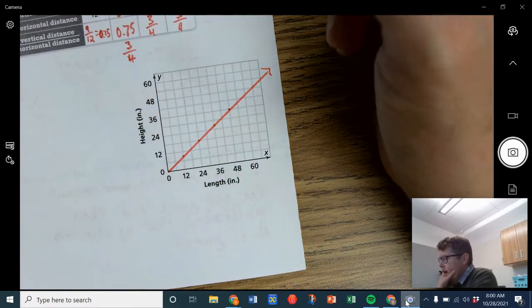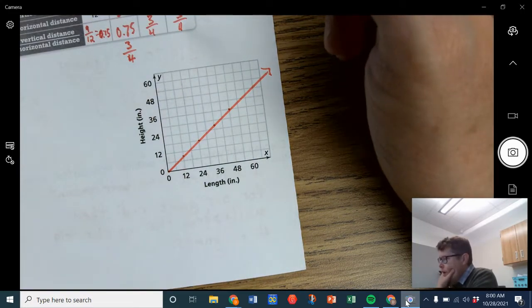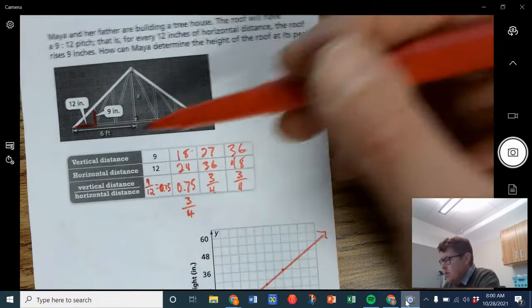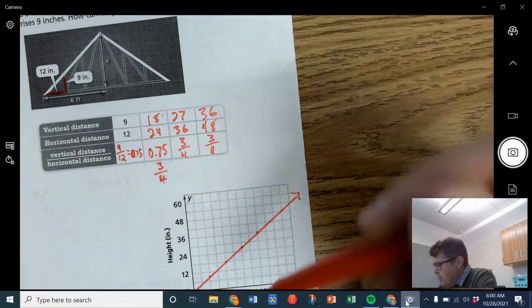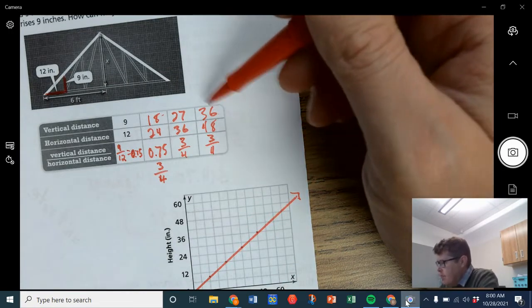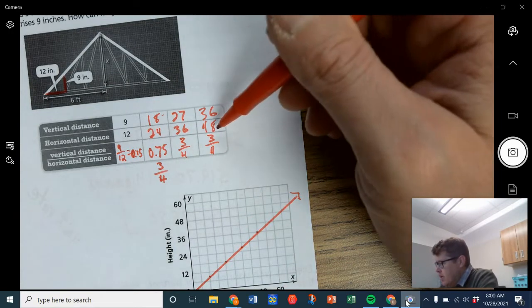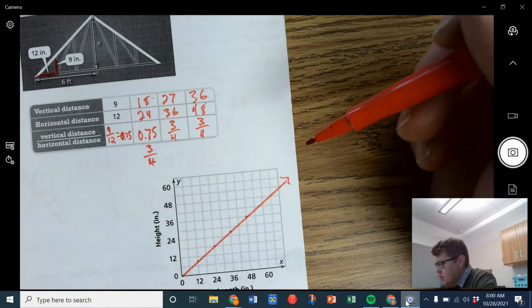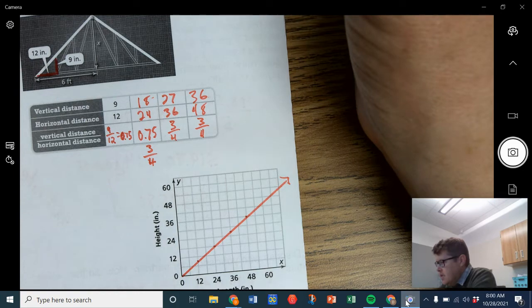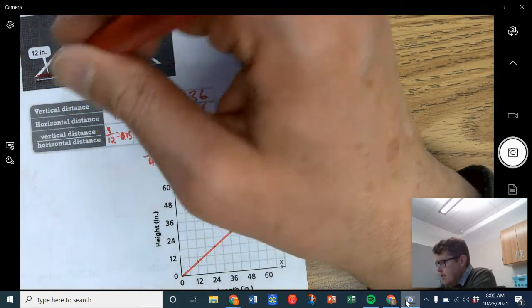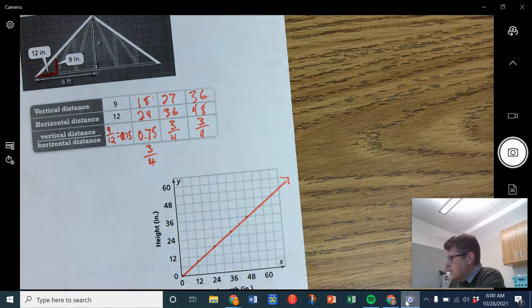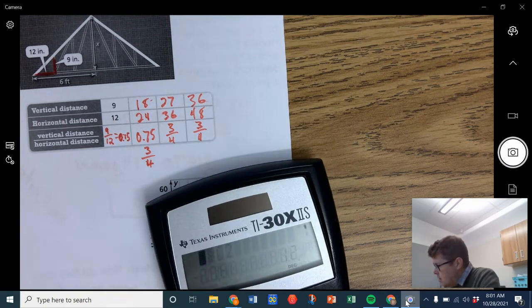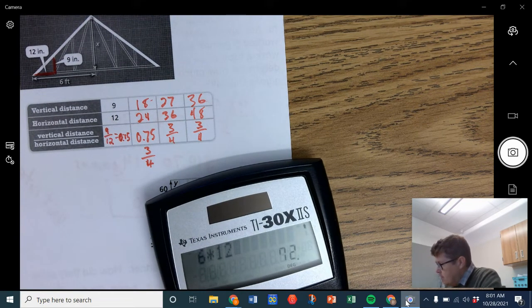And then we want to figure out how we can determine the height of the roof at its peak. We've got our graph right here and our table right here. We could extrapolate this one out, and we can also use the graph to extrapolate. So 6 feet is 72 inches, because you take 6 times 12, which gets us to 72.